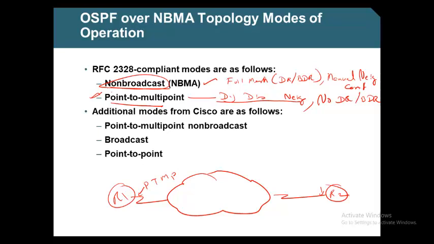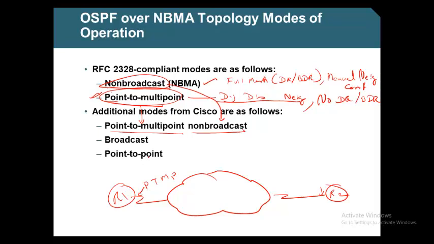What is the point to multi-point non-broadcast? Cisco has got this one, you see, and this one together.